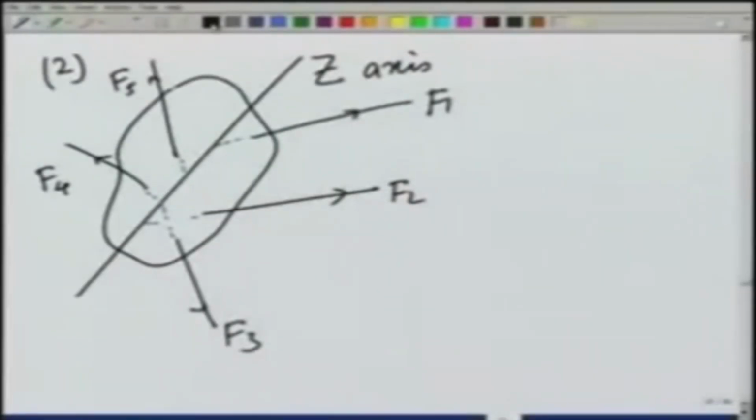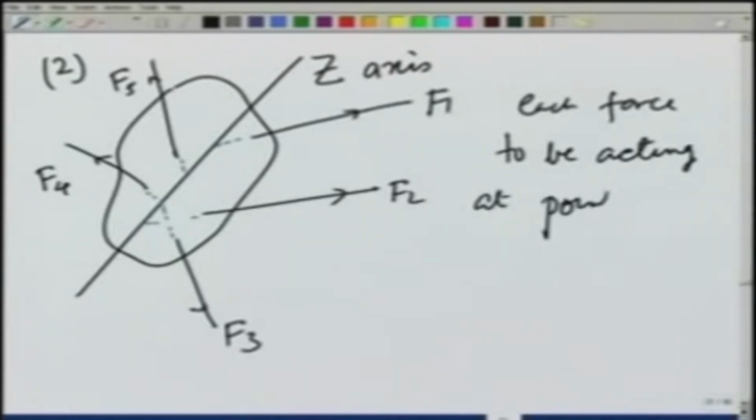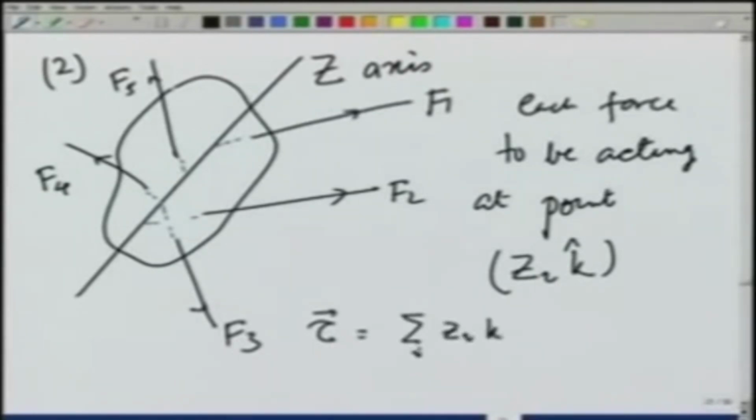In such a case, by the transmissibility of force vector, I can take each force to be acting at point, say z_i k, that is at a distance z_i in the z direction, and therefore, the torque by the forces is going to be summation i z_i k cross (f_i x component i plus f_i y component in j direction plus f_i z component in k direction).